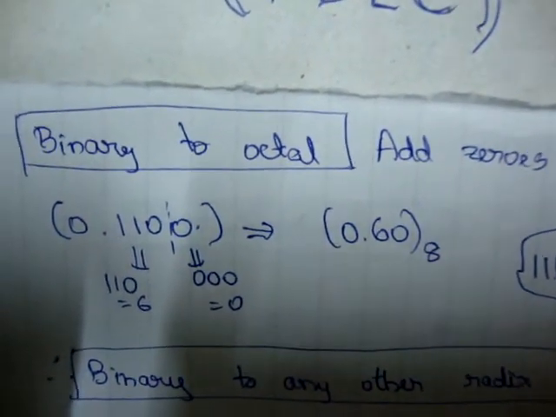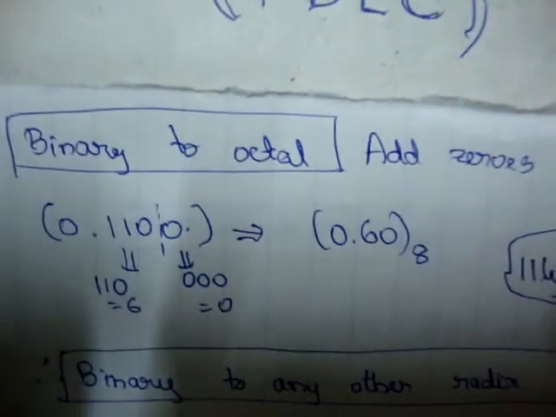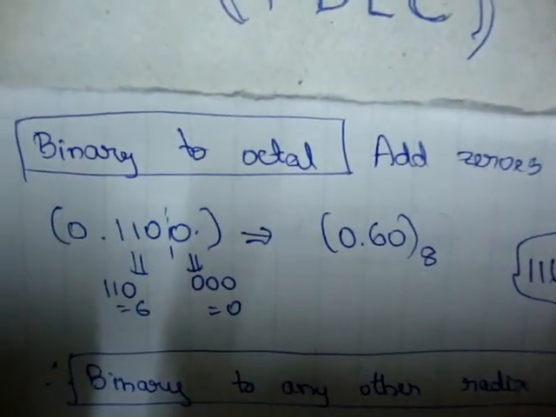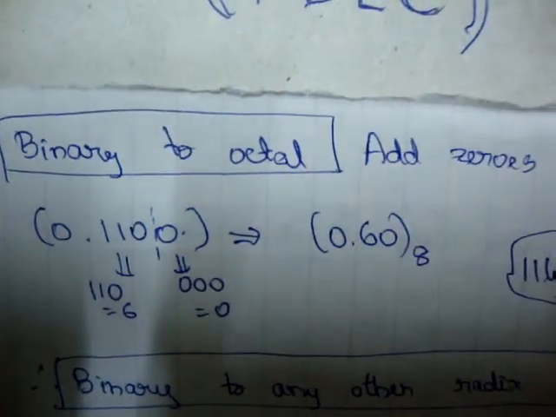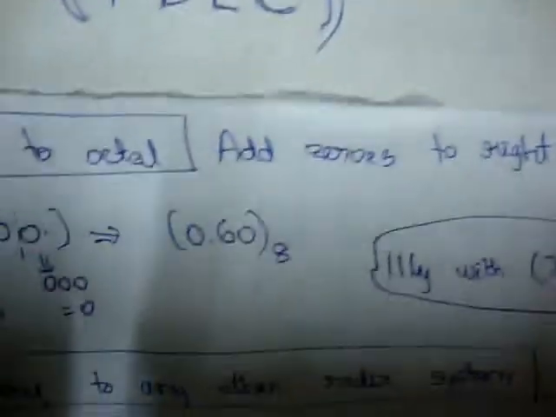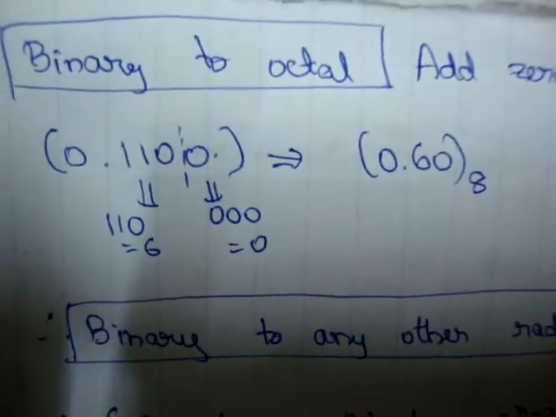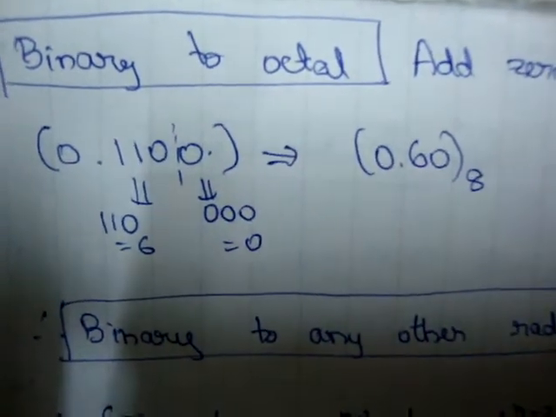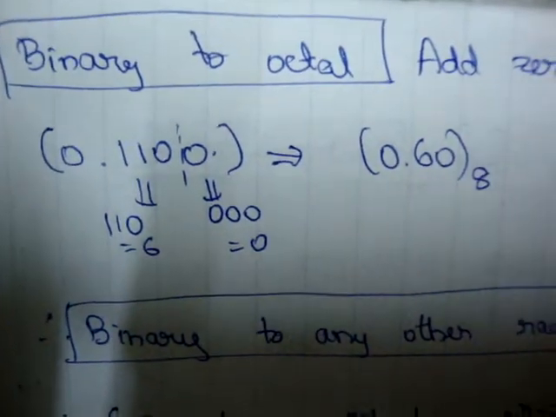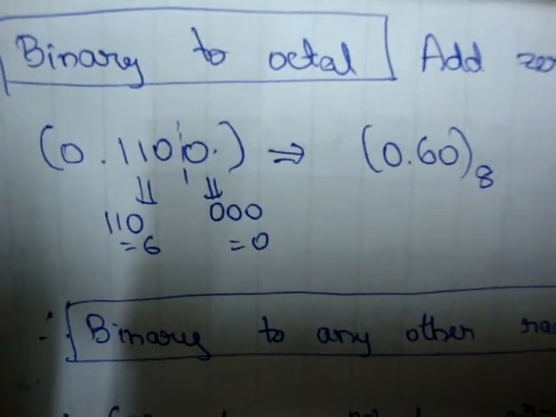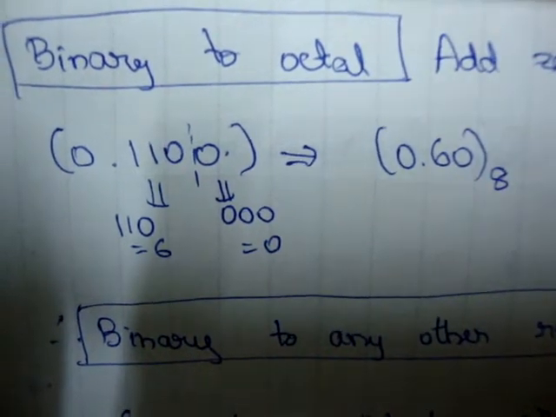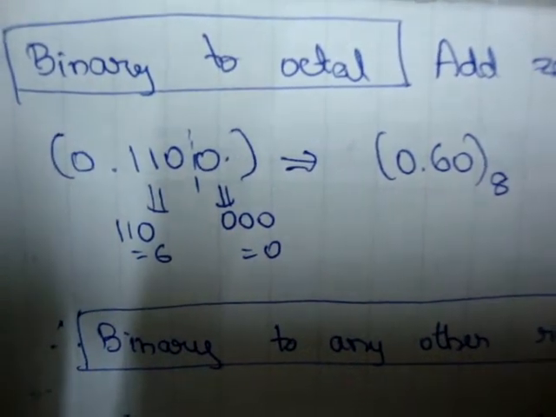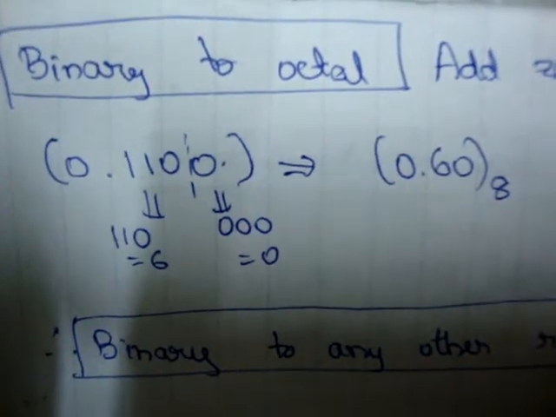After the point we have 1100. In the integral part we add zeros to the left hand side to split into 3 digits, but in the fractional part we add zeros to the right hand side.